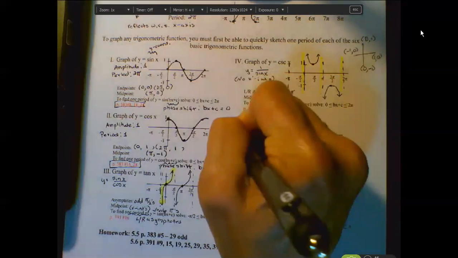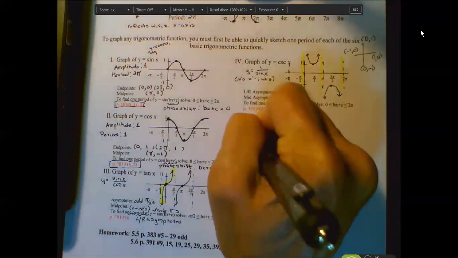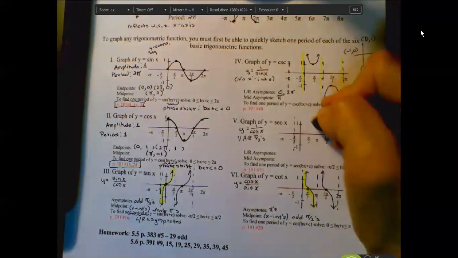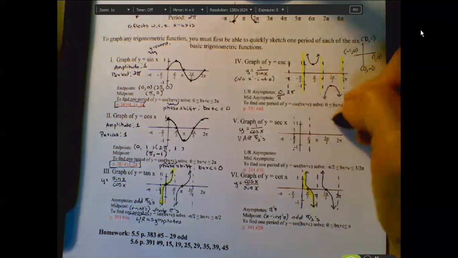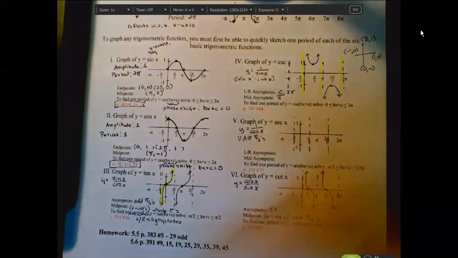So it has the vertical asymptotes at the pi over 2's. Technically, I should say odd half pi's. So there's going to be a vertical asymptote here and here and here.